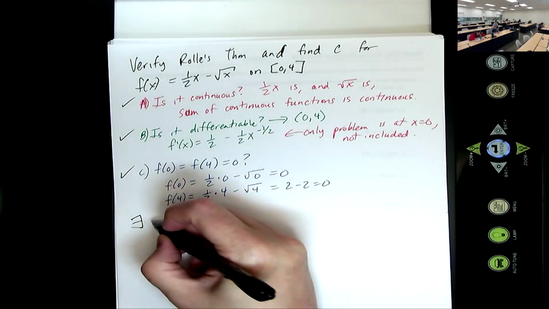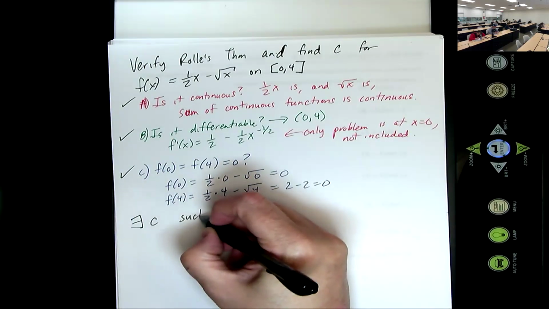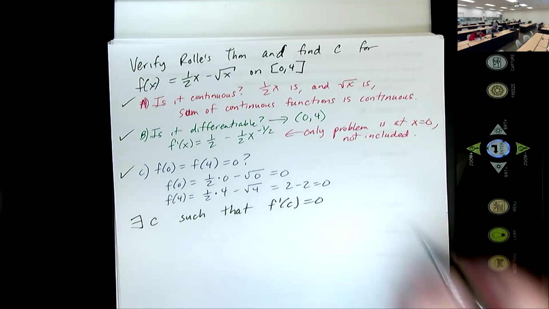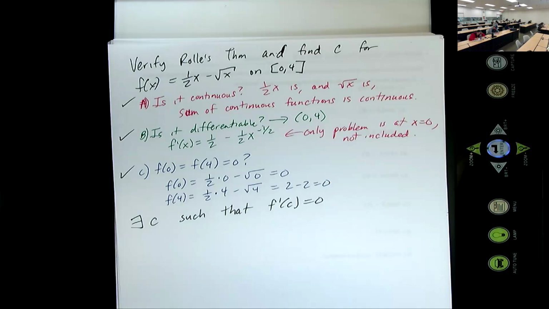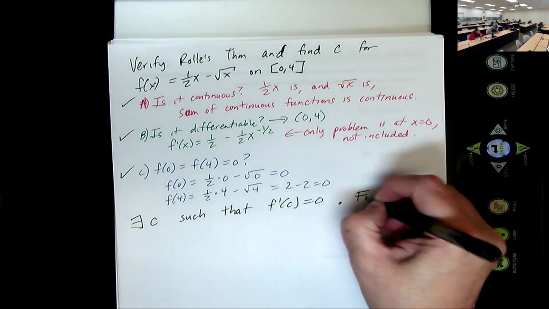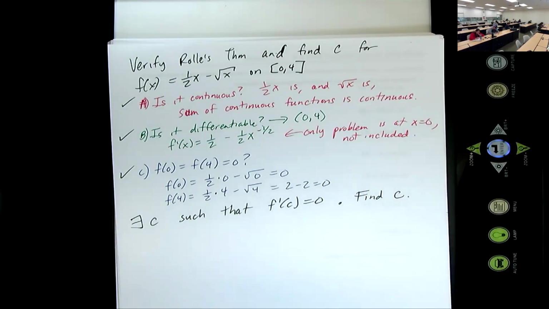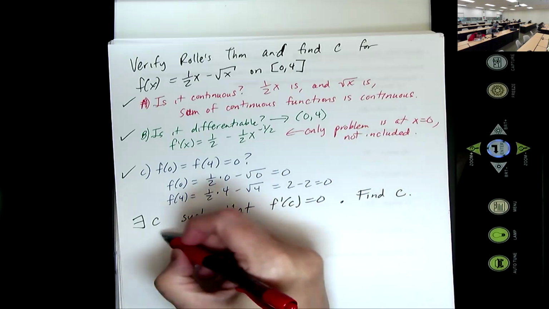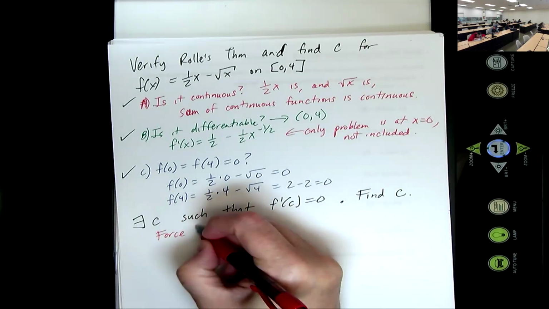There exists some c such that f prime of c equals 0. And let's find the c. We are going to do that, forcing this criteria.